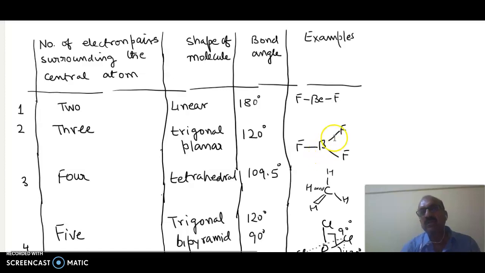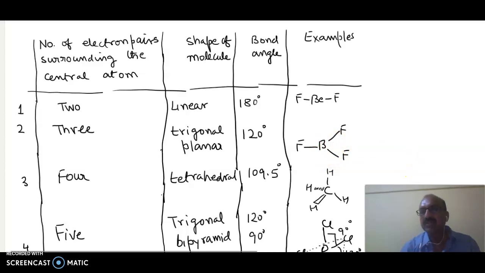Planar because all these 3 bonds are in the same plane. This is the arrangement in examples like boron trifluoride, as well as BCl3.